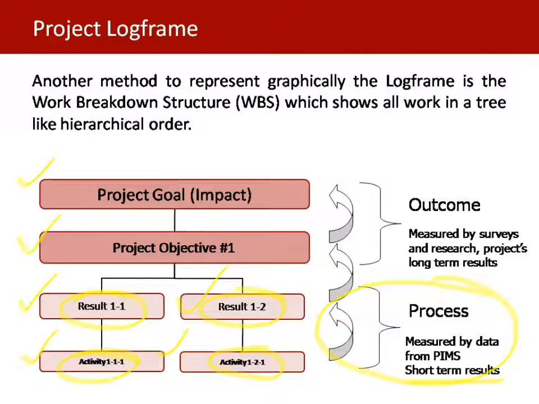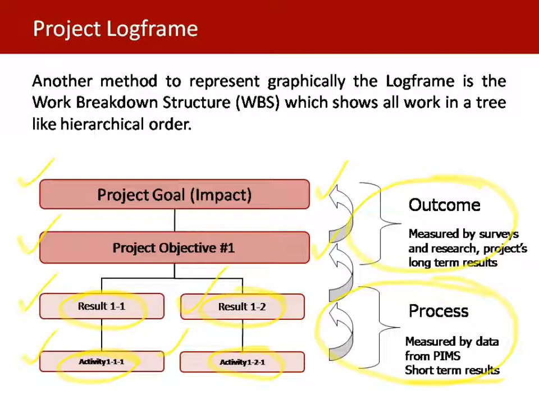The outcome level is long-term results, and they're usually measured by surveys and research. Sometimes they are beyond the responsibility of the project timeline, and sometimes they need to be evaluated to see whether or not they are actually happening, and they are related to the design of the project. Those are the objectives and the final goal of the project.